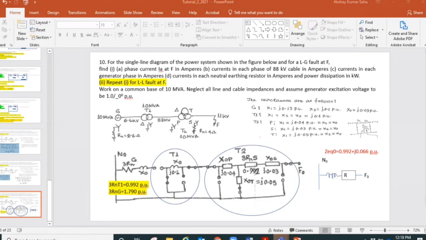Draw it the way I explained. You start from the fault point, check which path you can follow to reach the neutral point, and then show those reactances present. If you cannot continue, then you can drop that one off, no problem. Keep the paths with the reactances that take you to the neutral point.